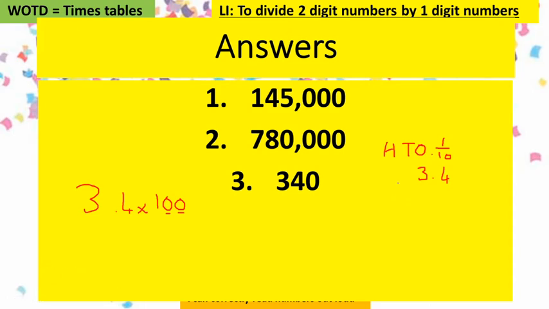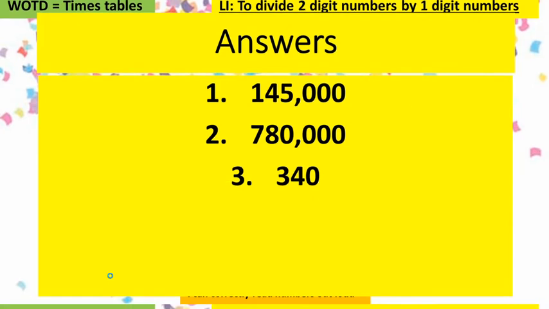It's got a nice purple, and everything moves 2 to the left. So my ones move over to my hundreds, my tenths move over to my tens. Then I've got nothing in my ones column, so I know I need to put a 0 in there to show that. So the answer should be 340. So that's just going over, working with decimals, and timesing by 100. Let's get rid of that.